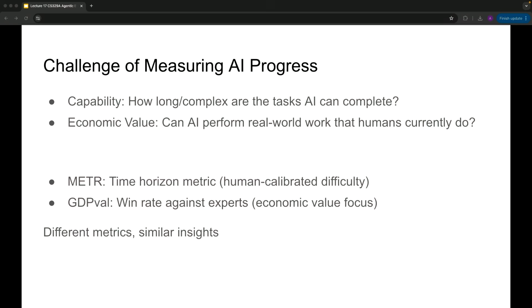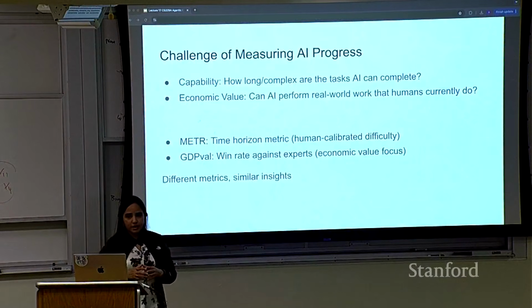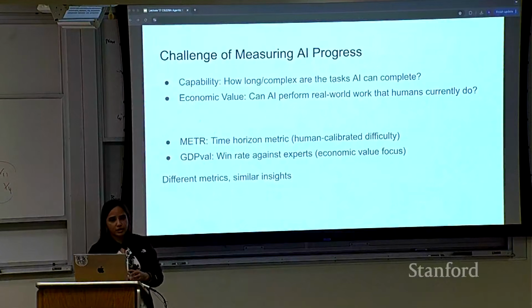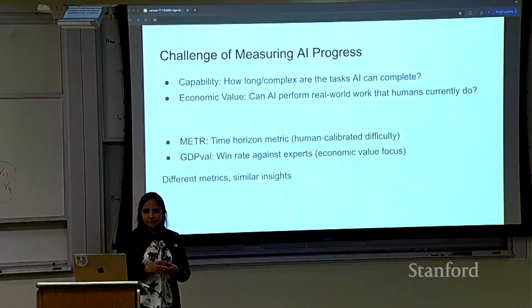The two metrics we are referencing here are that METR refers to the time horizon metric calibrated by human professionals, and GDPval compares the win rate of a model performing a task relative to experts. Both are equally valid metrics in certain ways, and the insights are very similar, but the trends that they measure in terms of how models perform are quite different.